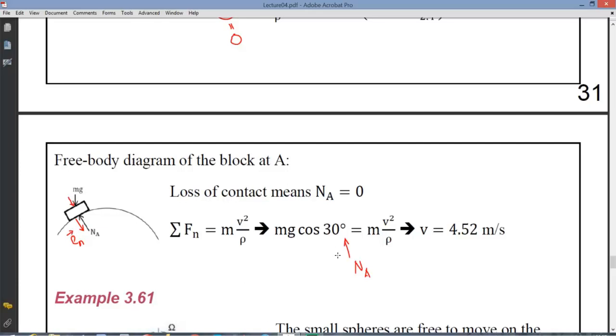So with respect to this direction, this NA is a minus sign, minus NA, but we are taking a look at the case where the contact is lost, so we take this NA to be equal to 0. That's why it doesn't appear in this equation, because we already declared that it is equal to 0, and the only unknown is the velocity at that instant. And if the block is moving at this velocity, then this is the point it's going to lose its contact. We're going to continue on with the next question in the next video.